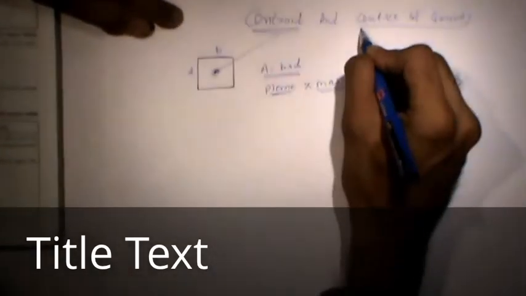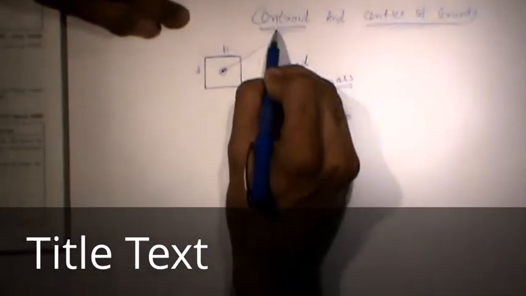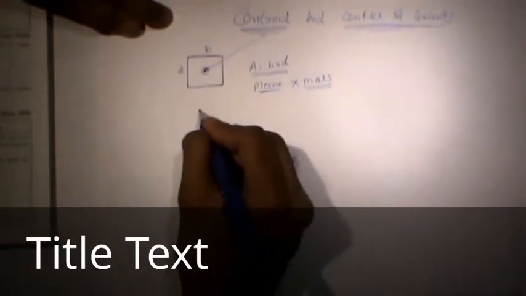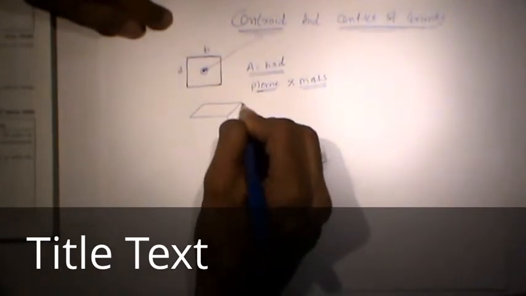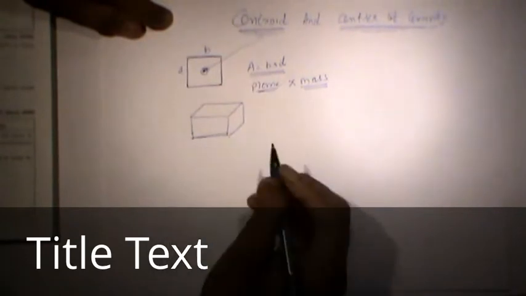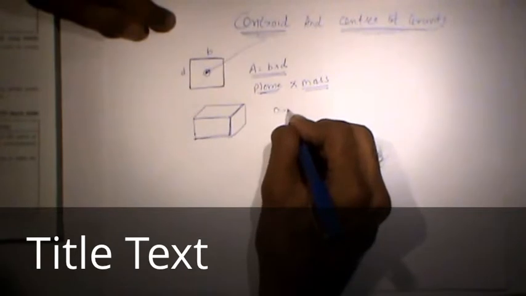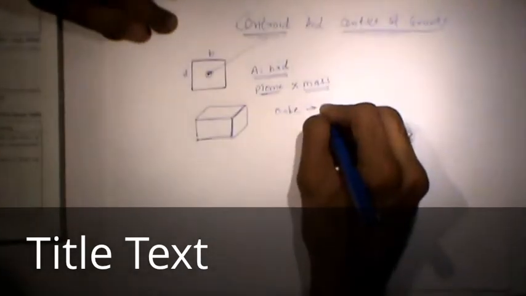Now we are here to know the centroid as well as the center of gravity. Now what is the center of gravity? Let me take one example. Suppose we have one cube, right. So this cube is having some mass.